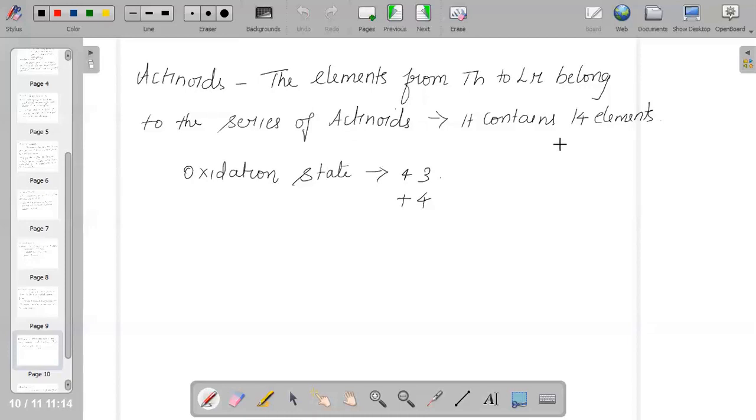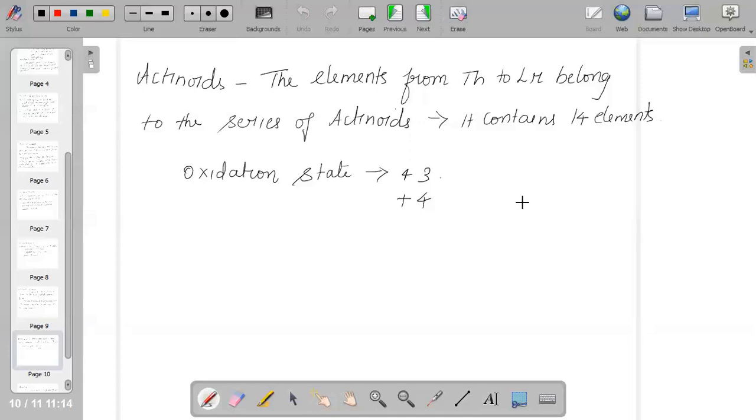The elements are radioactive and the early ones have long half-lives, whereas the latter elements have half-life values ranging from 1 day to 3 minutes, up to atomic number 103.